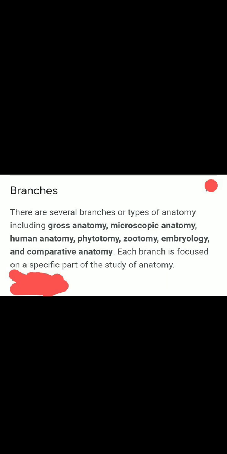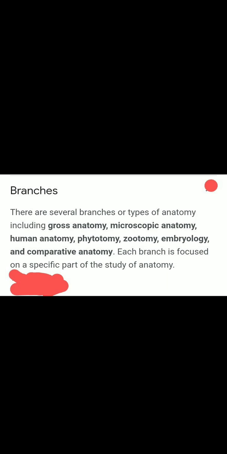Now let's look at some of the branches of anatomy. There are several branches or types of anatomy, including gross anatomy, microscopic anatomy, human anatomy, phytotomy, zootomy, embryology, and comparative anatomy.